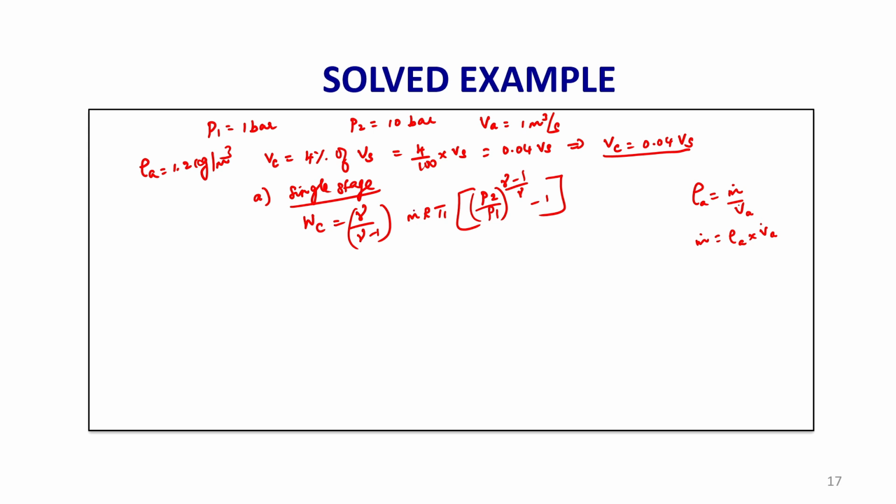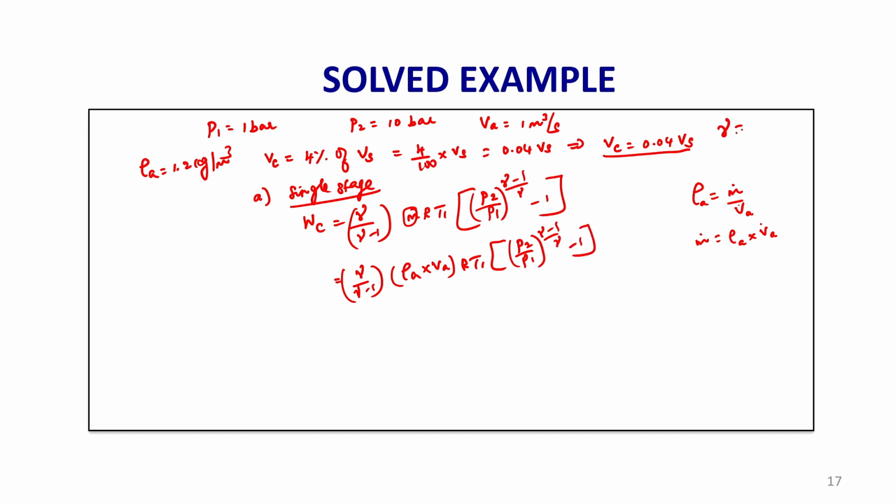So, instead of gamma by gamma minus 1, use density of air into volumetric flow rate of air, VA. It is mass flow rate into R into T1. R is the standard value 0.287 kilojoule per kg Kelvin, into P2 by P1 whole power gamma minus 1 by gamma, minus 1.